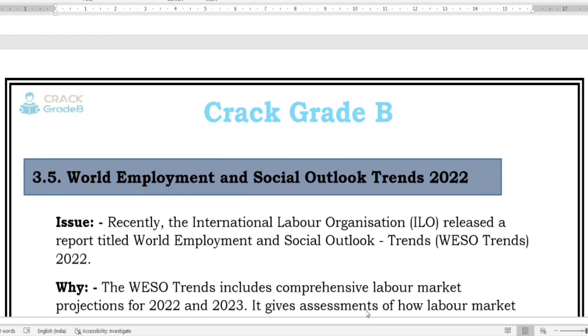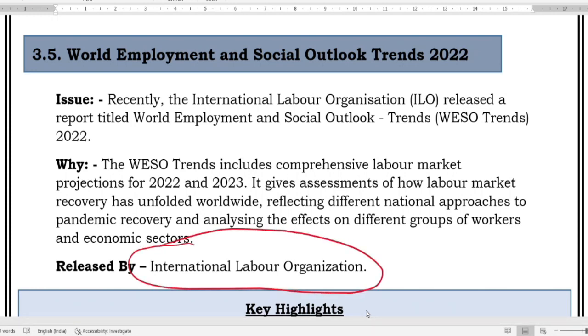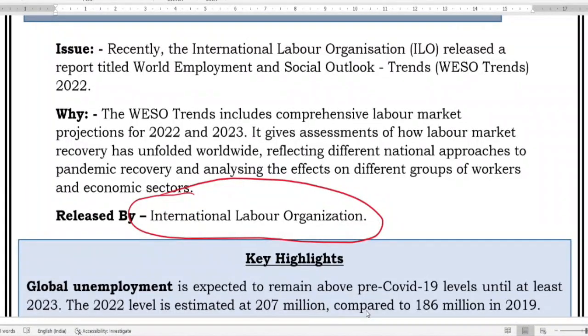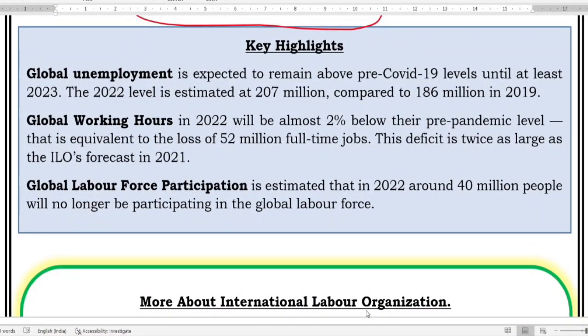Then, World Employment and Social Outlook Trends 2022. Very important. This is given by the International Labour Organization, right? So it has released the WESO Trends 2022. Global employment is expected to remain below pre-COVID level until at least 2023.